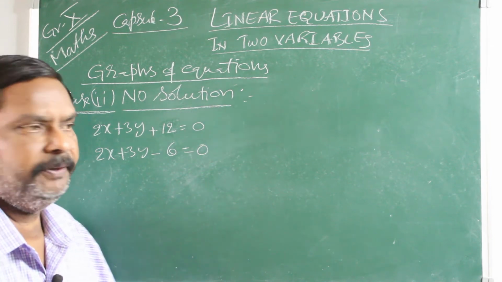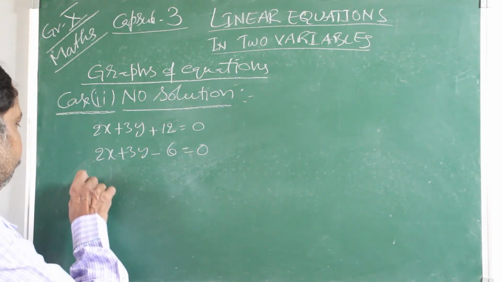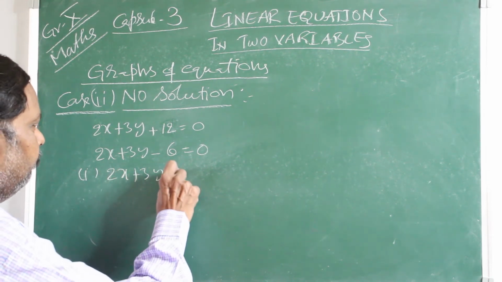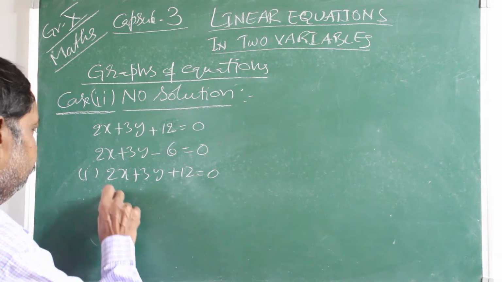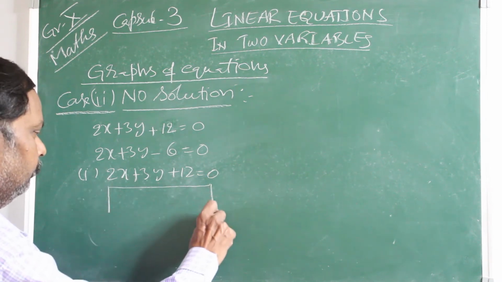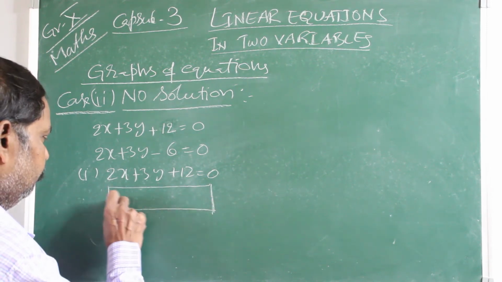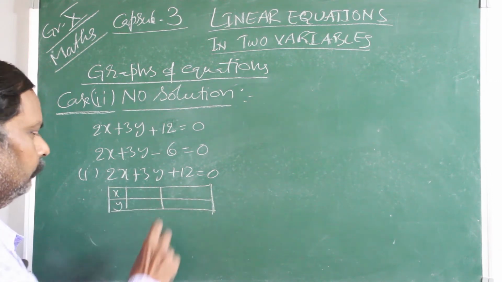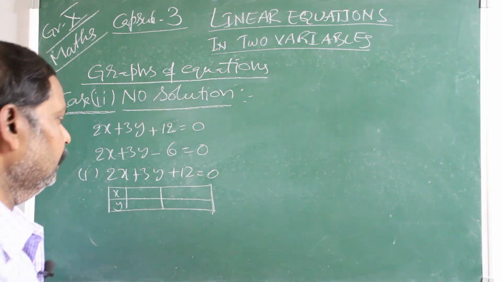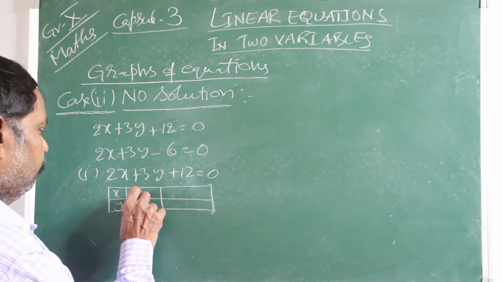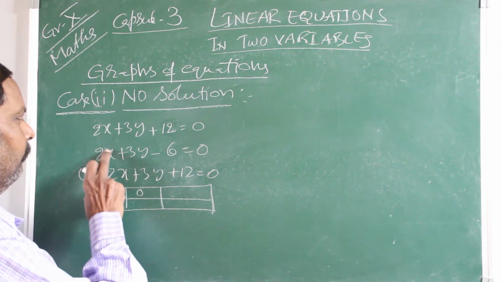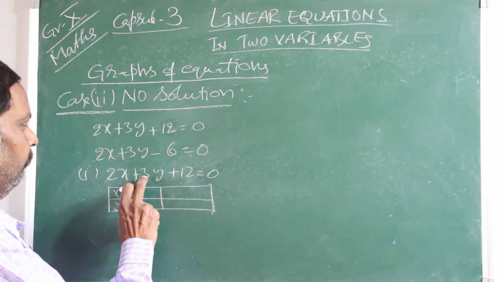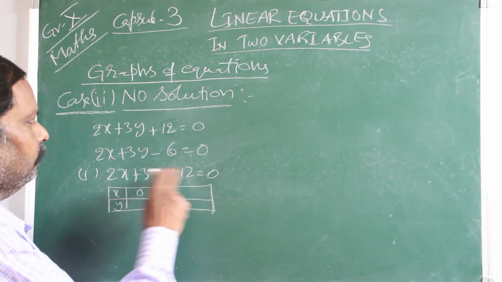As usual, let us prepare a table for the first equation, that is 2x plus 3y plus 12 is equal to 0. X and y. Now if you take x is equal to 0, the 2x becomes 0, 3y plus 12 is equal to 0.